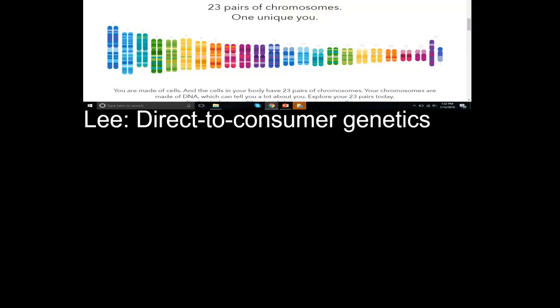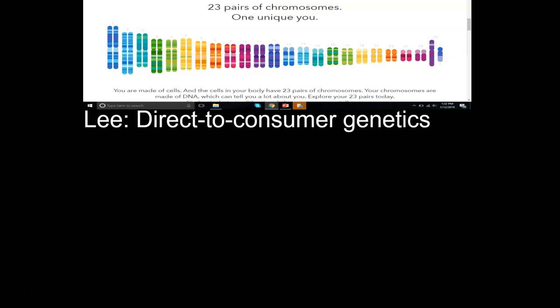It's the services like 23andMe, for example, where you, and some of you may have done this at some point or known people who've done it, basically spit in a tube and send a sample of your DNA to this company and they do a genetic profile, which can tell you things about a variety of aspects, including things like your heritage, but can also give you a genetic profile of your health status, right? So, for example, if you have any markers that would predispose you for certain diseases, etc.